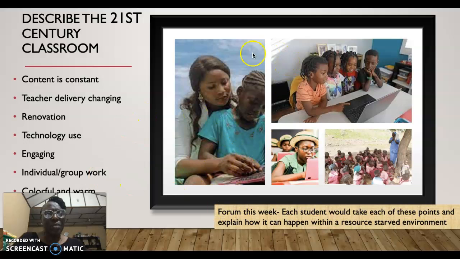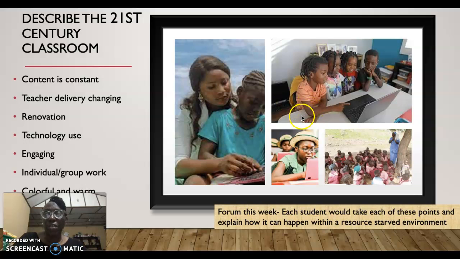I want you to look at the pictures on the screen here and try to compare to what we have seen before. I know it looks distant to what we're talking about, but we are going to be looking later at how we can actually transform our classrooms into the 21st century.